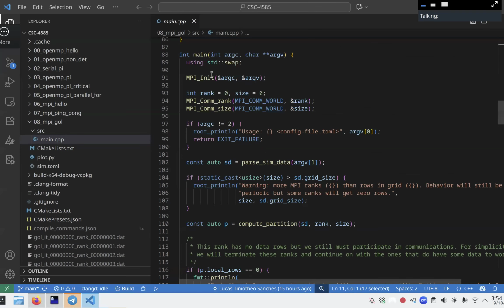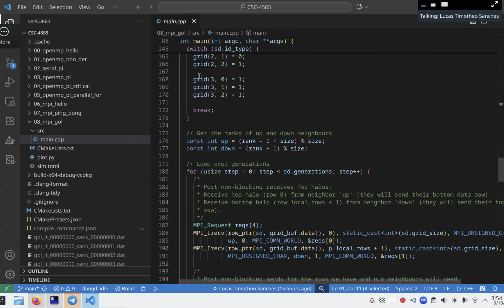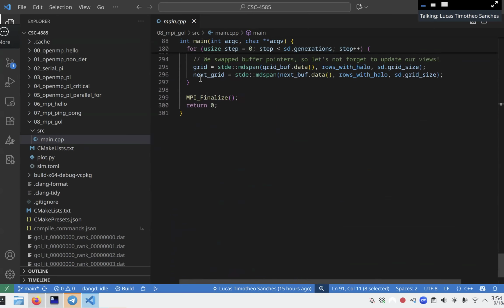So MPI needs you to call MPI init and MPI finalize, right? MPI init is the function that signals to MPI that you're going to be using MPI to do communication with this process. And at the end of your program, if you go down to the bottom, you have to call MPI finalize.